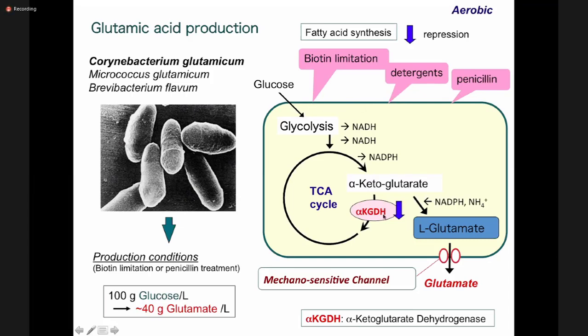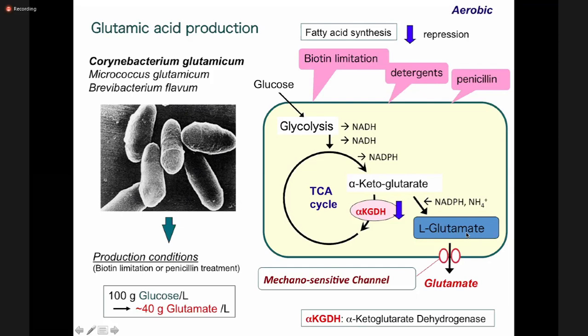And it also inhibits the enzyme alpha ketoglutarate dehydrogenase, which is required for the usual TCA cycle. If you inhibit this enzyme, the alpha ketoglutarate increases, and then it is easy to redirect this compound to glutamate.